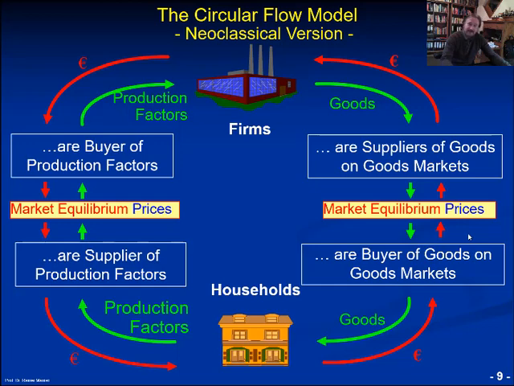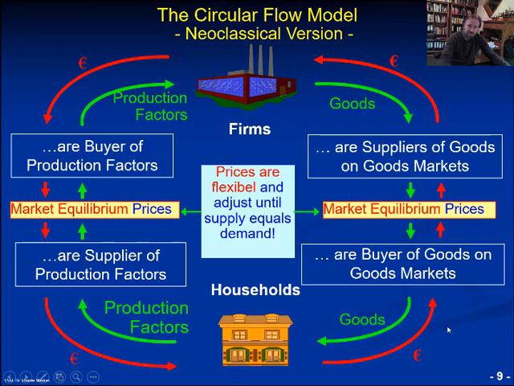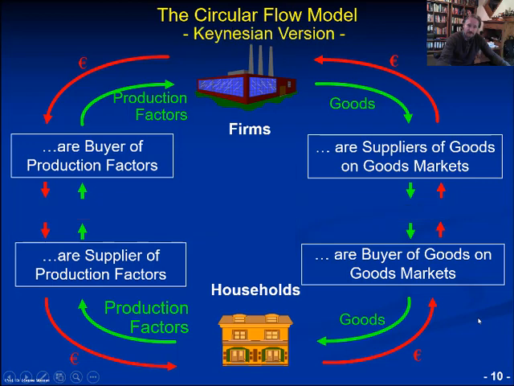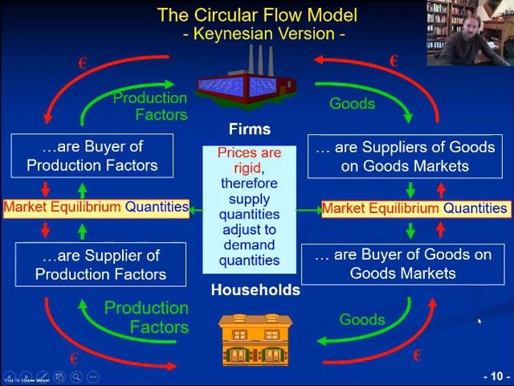So, therefore, we also have a second version of the circular flow model, and this version is called the Keynesian version. In the Keynesian version, not prices but quantities are flexible. Prices are instead rigid.